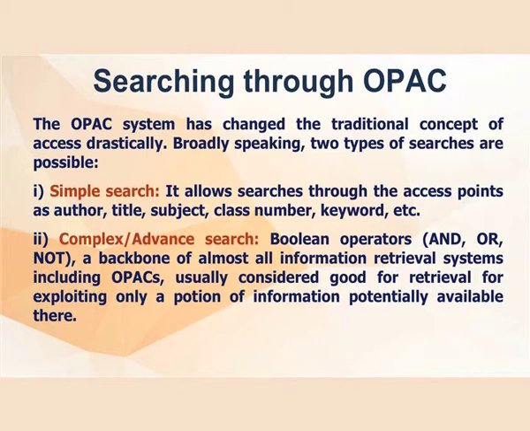A backbone of almost all information retrieval systems including OPACs, usually considered good for retrieval for exploiting only a portion of information potentially available there. It means if you are not familiar with the author or title of the book, this advanced search can help the readers to search a particular document from the WebOPAC.